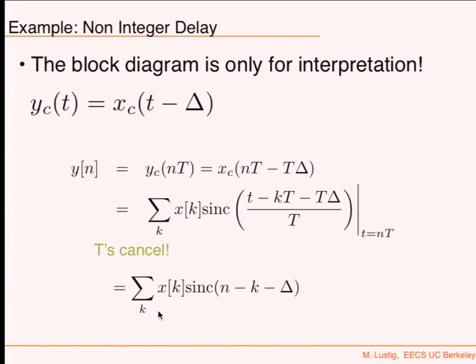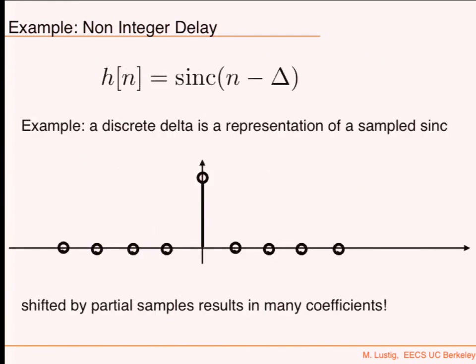So now, when I have a fractional delta, where delta is not an integer, it's really like convolving with a shifted sinc. Here's an example.